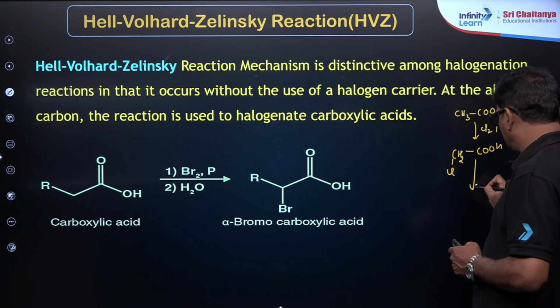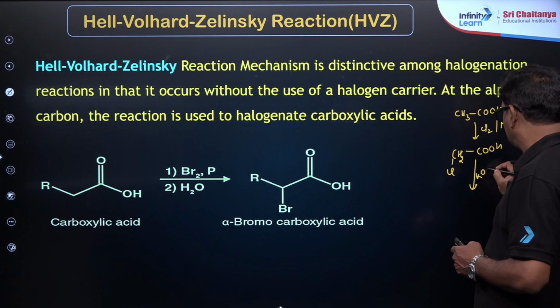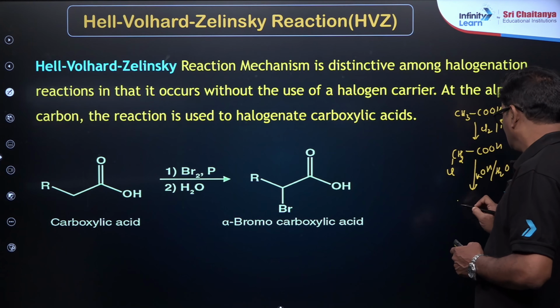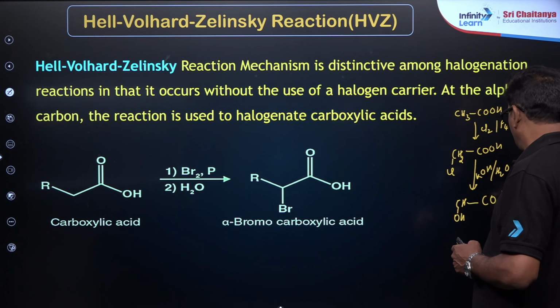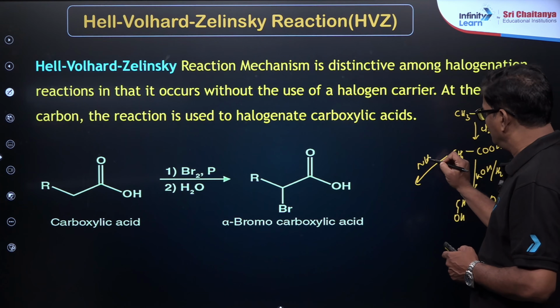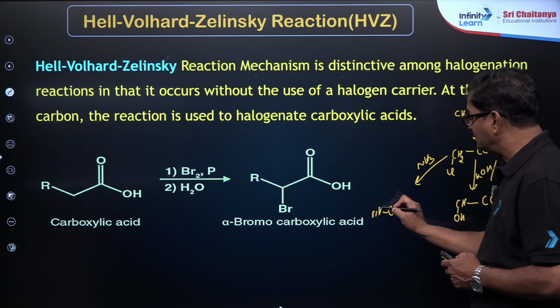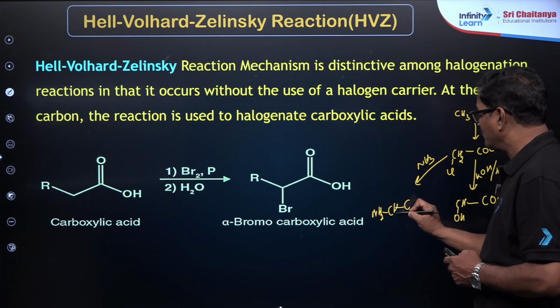And if it is treated with potassium hydroxide, you hydrolyze it, so an alpha hydroxy compound is formed, COOH. And if it is treated with NH3, you are going to get an alpha amino compound, an amino acid is formed.